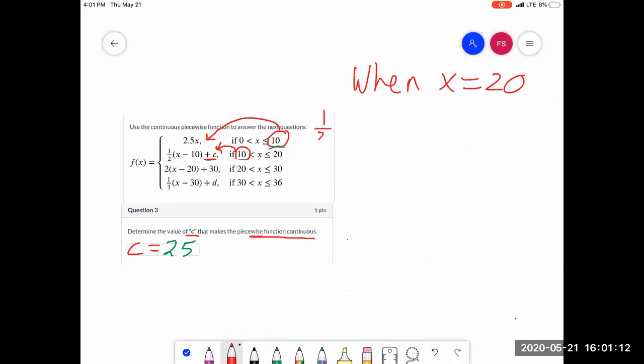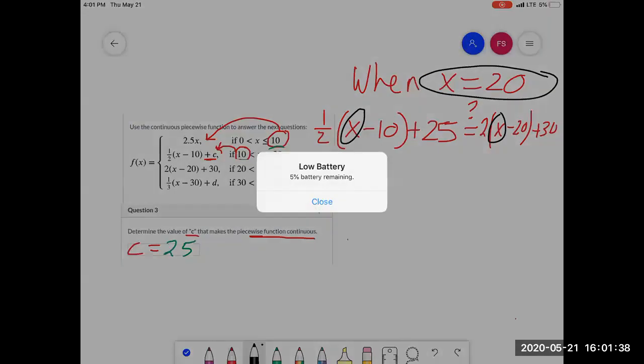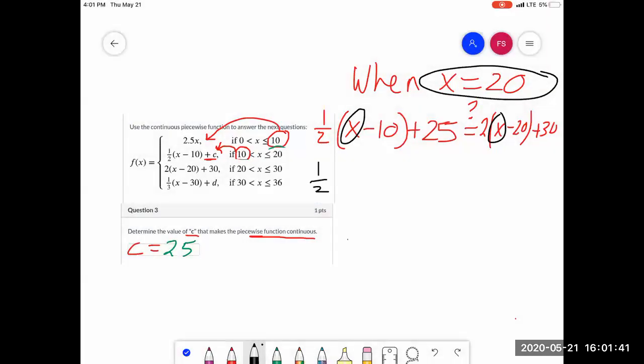So now I'm getting 1/2 times x minus 10 plus my c value of 25 should equal, so I'm going to put a little question mark over that, 2 times in parentheses x minus 20 plus 30. So just like before, I'm going to start by plugging in x equals 20 for both x's in the equation. So I get 1/2 times 20 minus 10 plus 25, and I want to know, does that equal 2 times 20 minus 20 plus 30?